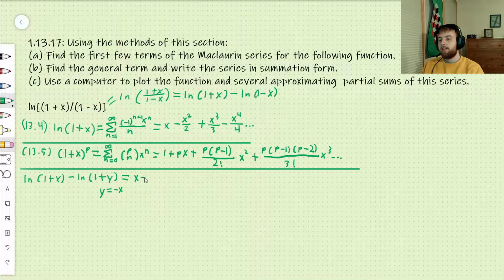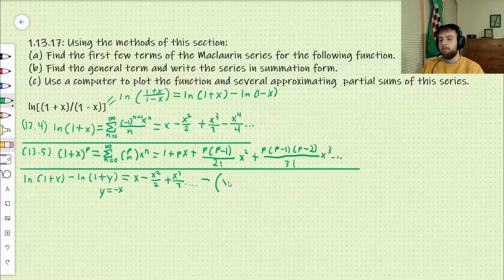So we have x minus x squared over 2 plus x cubed over 3. And it says the first few terms, so we'll stop here for now, even though that would go on forever. And we have our minus here.